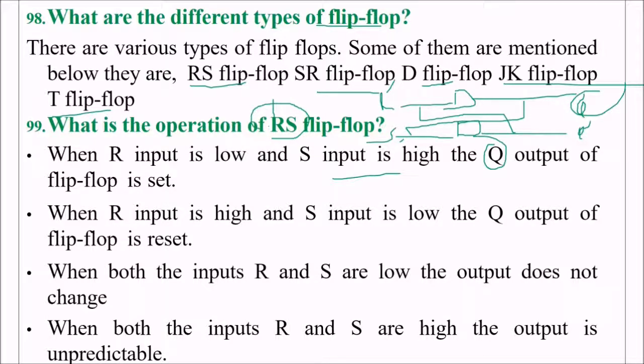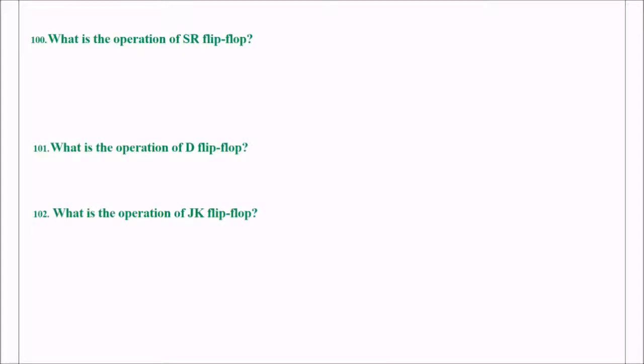If R is high and S is low, Q is reset. When both R and S are low, the output does not change; it will remain at the previous state. And when R and S are both high, 1 1, the output is unpredictable. This unpredictability has been removed in various other flip-flops. That is why other flip-flops have come.